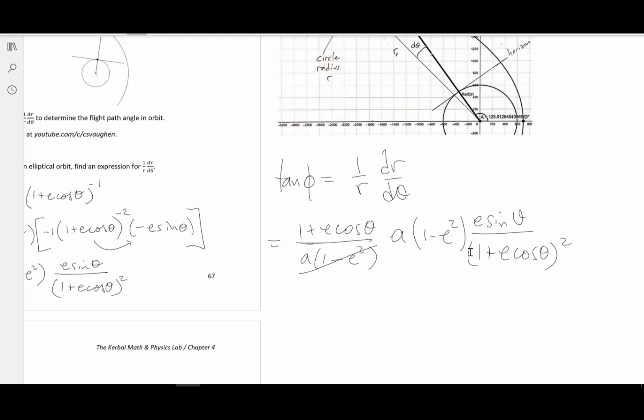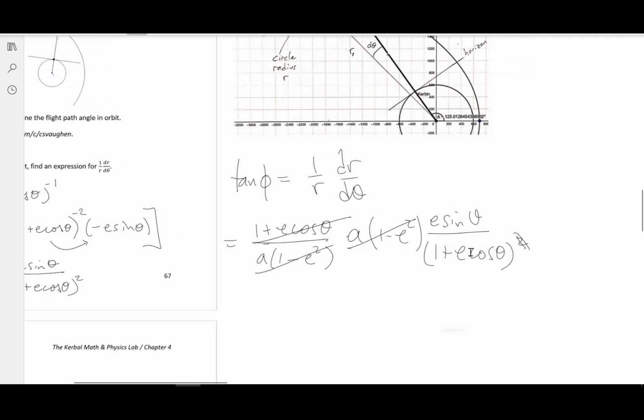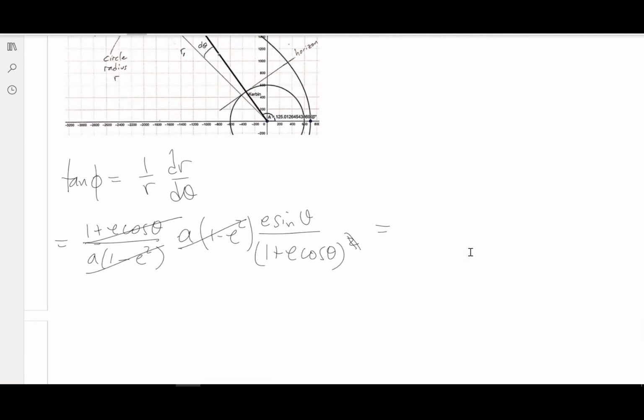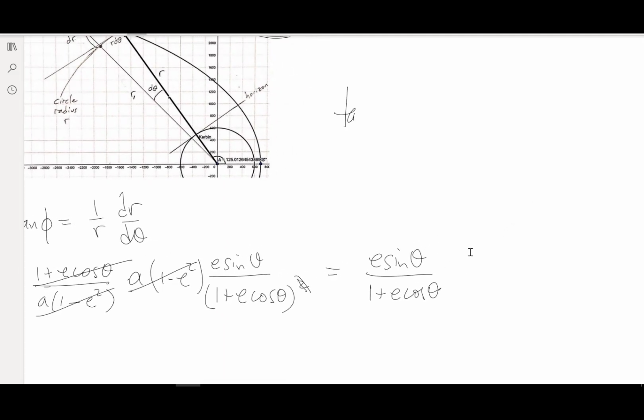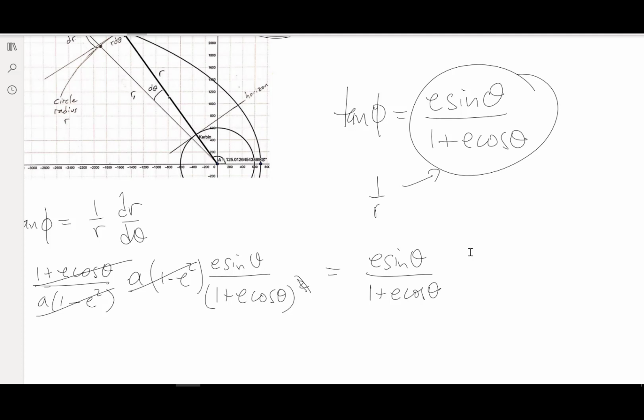And of course that's going to cancel with that. And these guys are the same, so this one factor will cancel with one of those two factors. And so we'll be left with e sine theta over 1 plus e cos theta. So my conclusion is that the tangent of phi is e sine theta over 1 plus e cos theta. And so this is the 1 over r dr d theta that this particular question was looking for.